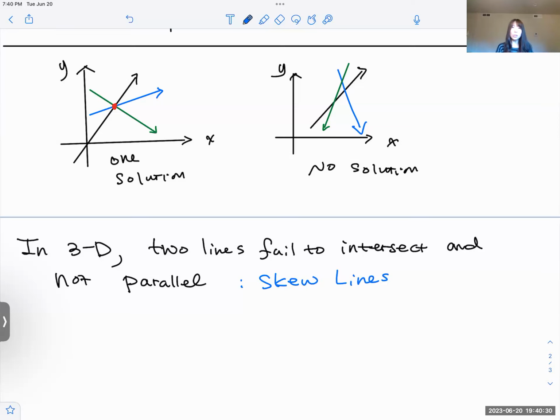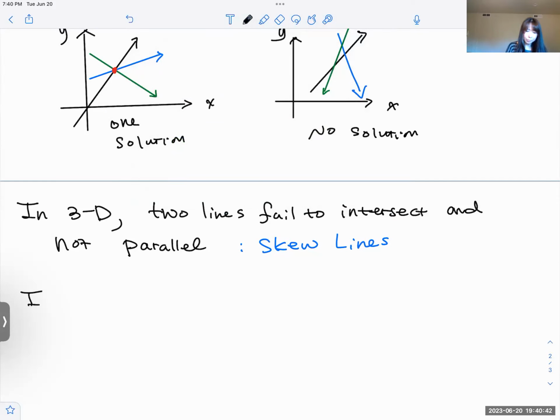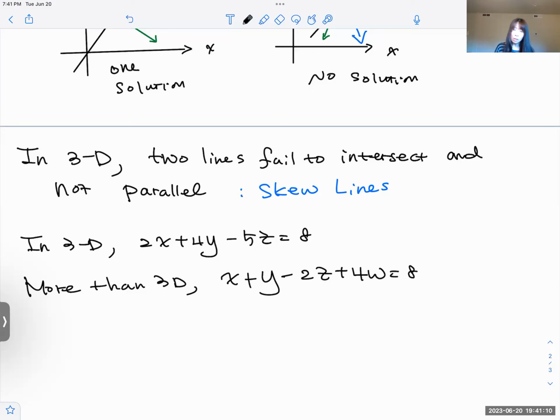Okay, so in 3 dimensions we have an equation that looks like this, right? So 2x plus 4y minus 5z equal to 8, right? Okay. How about more than 3? So we are using an equation like this: x plus y minus 2z plus 4w equal to 8, right?